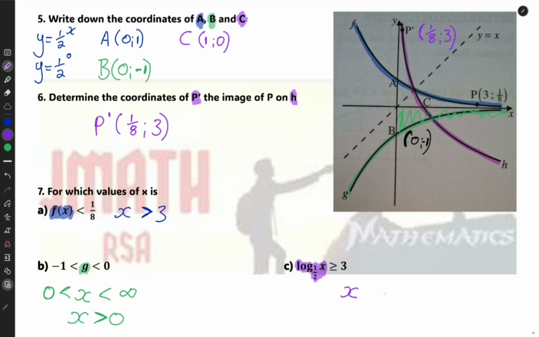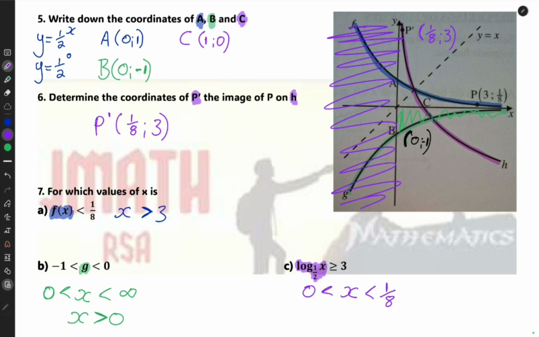So I must now just decide, is it to the right of that point or to the left of that point? It goes up to the left of the image of P. So the answer must then be x lies between 0 and 1/8, because remember there's an asymptote. This purple graph does not exist on the left of the y-axis, so I can't say it's just smaller than 1 over 8. It must be between the asymptote and 1 over 8.